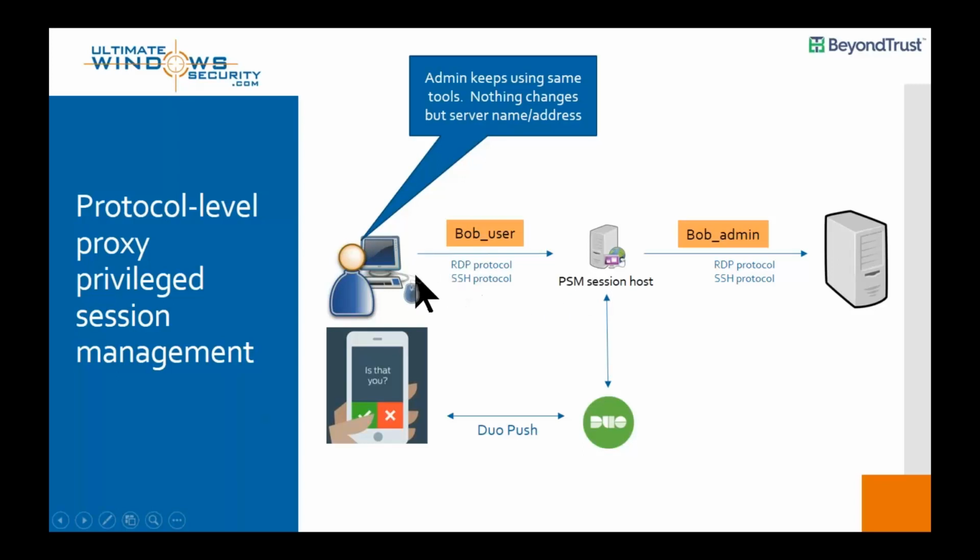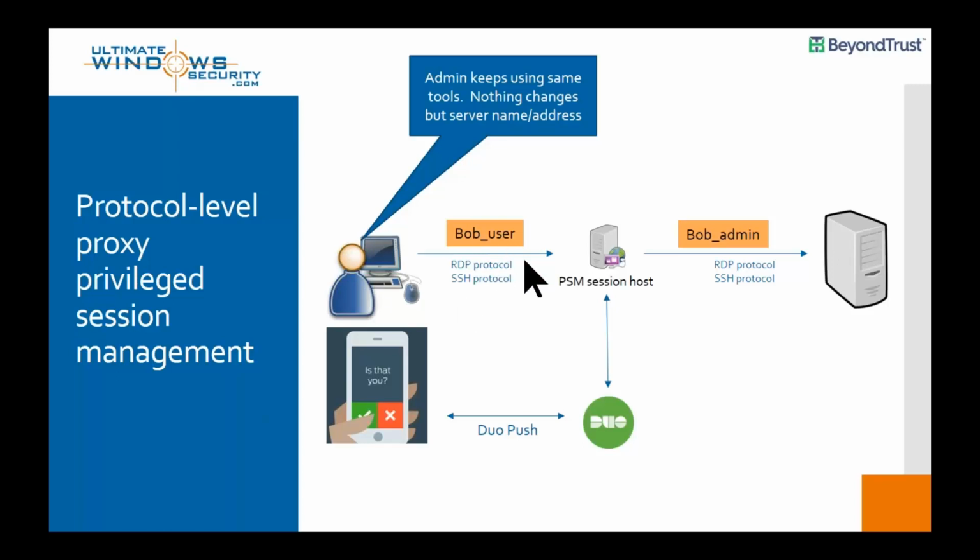What's happening is an RDP or secure shell session is being initiated to our PSM session host, and then it establishes a second session on the same protocol to the destination server. And it's acting a lot like a proxy server, a web proxy, only with a difference in protocols. Instead of HTTP, it's RDP or secure shell.